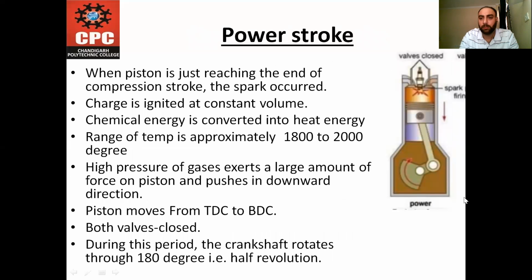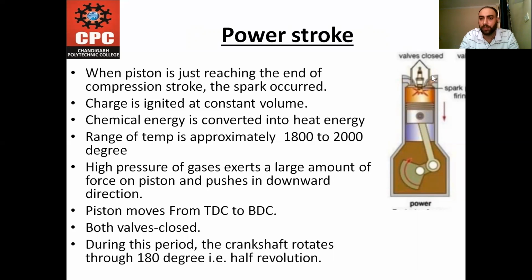Next is the power stroke. When the piston reaches the TDC, a spark occurs. That spark is produced by the spark plug, and here the charge is ignited at constant volume. The other name for the four-stroke petrol engine is constant volume engine or SI engine, spark ignition engine.